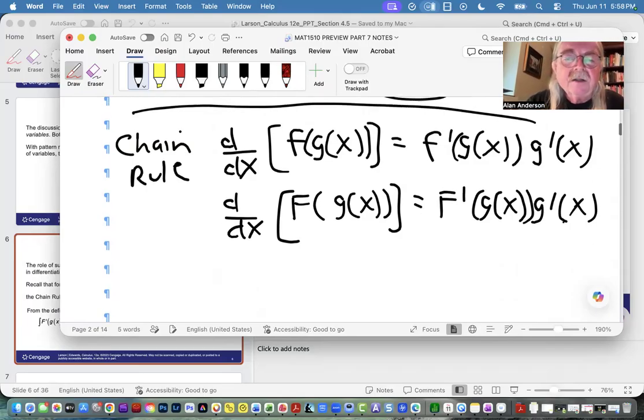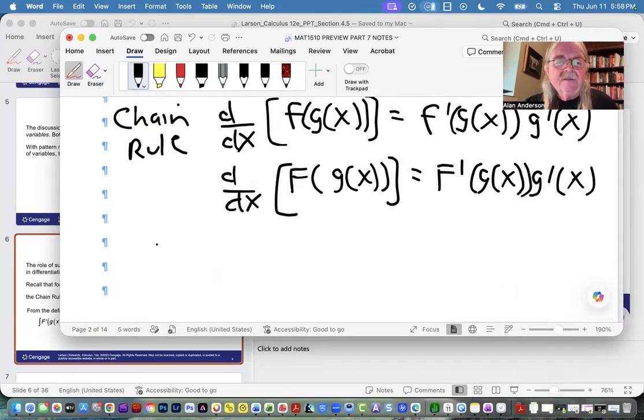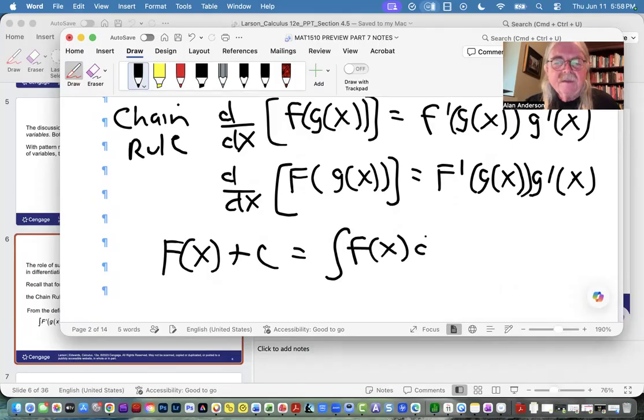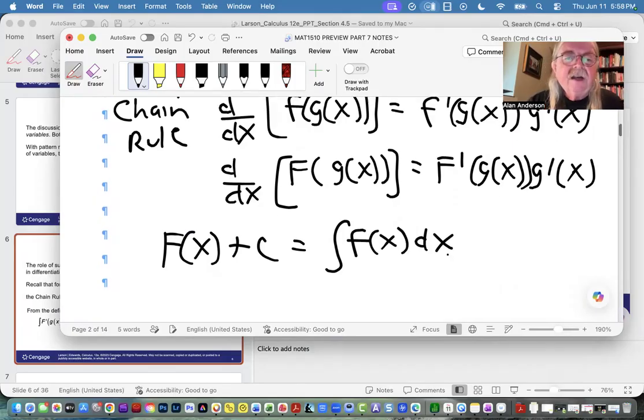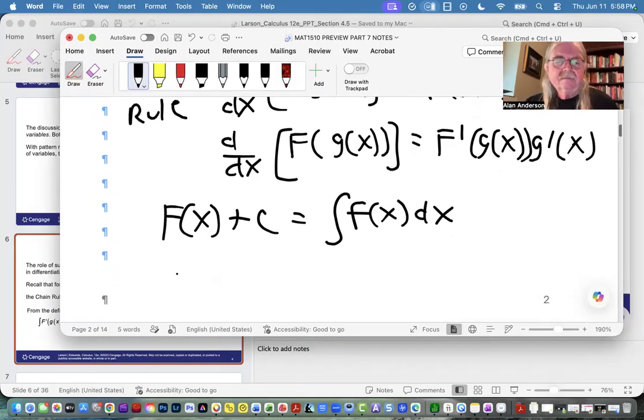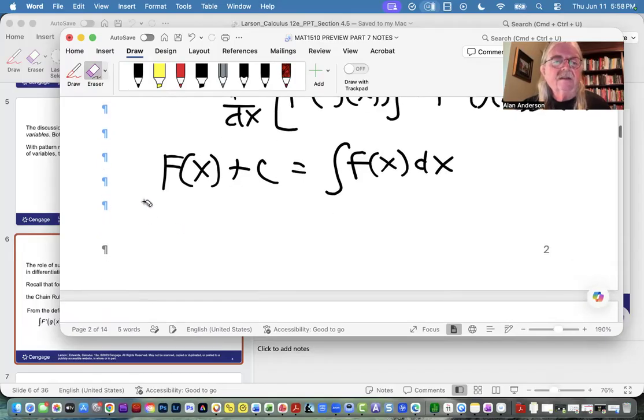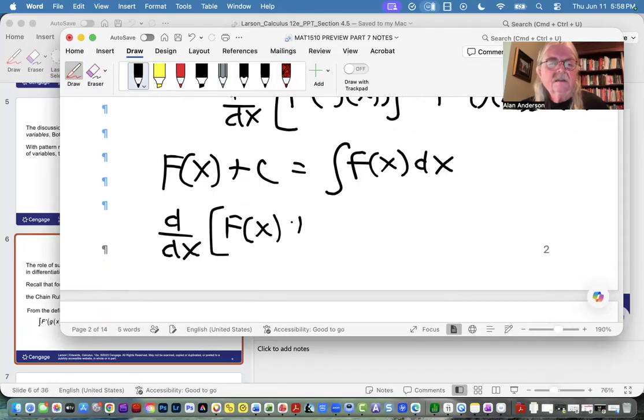And just as a quick reminder, capital F of x is the integral of f of x. And if I differentiate it, let me write it like this. D dx, it just brings us right back to the original function.